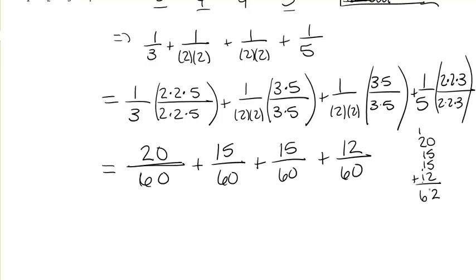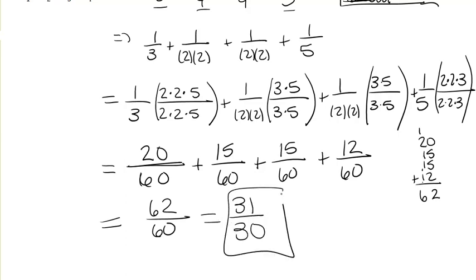So we have 62 on the top, and we keep our common denominator of 60. Then we need to reduce because this is not its reduced form. We can divide by 2 on both as they're both even. And so we get 31 over 30. This would be our reduced solution. So let's go look at another example.